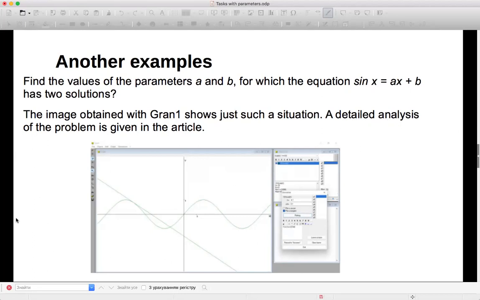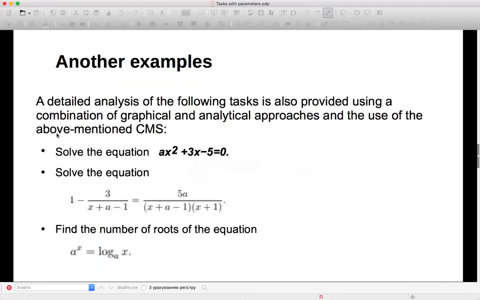You can see it here. A detailed analysis of the problem is given in the article. A detailed analysis of the following tasks is also provided using a combination of graphical and analytical approaches and the use of the above mentioned computer mathematics systems. Here you can see some of these examples.